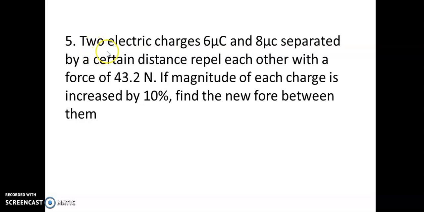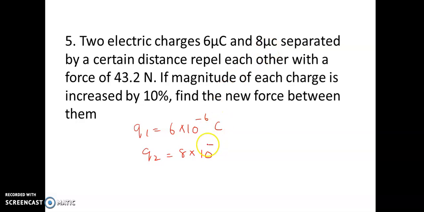Now the fifth question is that two electric charges 6 microcoulomb and 8 microcoulomb separated by a certain distance repel each other with a force of 43.2 Newton. If the magnitude of each charge is increased by 10%, find the new force between them. We have two charges. Q1 is equal to 6 microcoulomb, 6 into 10 to the power minus 6 coulombs, and Q2 is equal to 8 into 10 to the power minus 6 coulombs.